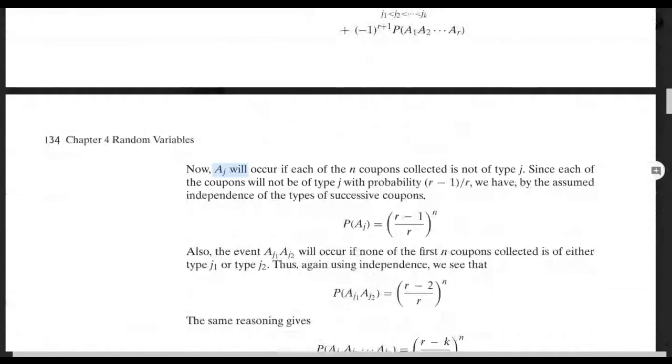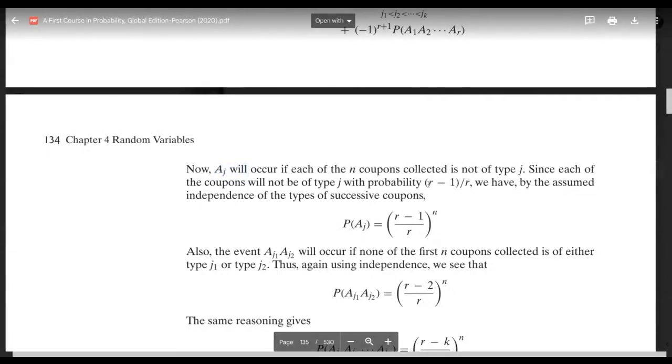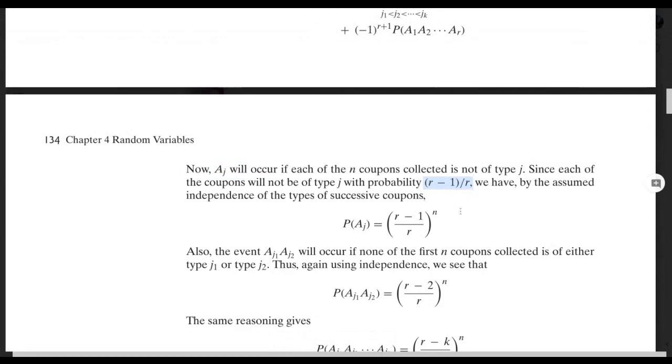Now Aj will occur if each of the n coupons collected is not of type j. Each of the coupons will not be of type j with probability of R minus 1 over R. Yeah, because none of them is of the same type.